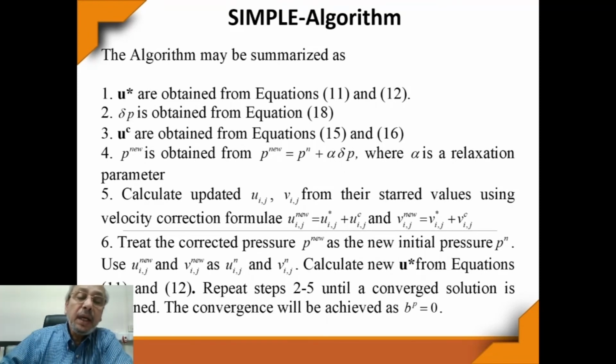So this way, we are advancing from one level to another level. Treat the corrected pressure P new as the new initial pressure Pn. Use u i,j new and v i,j new, which we have just updated, as u i,j n and v i,j n. Again calculate U star from 11 and 12. Repeat steps 1 to 5 until a converged solution is obtained. And you get the converged solution when Bp equals 0.